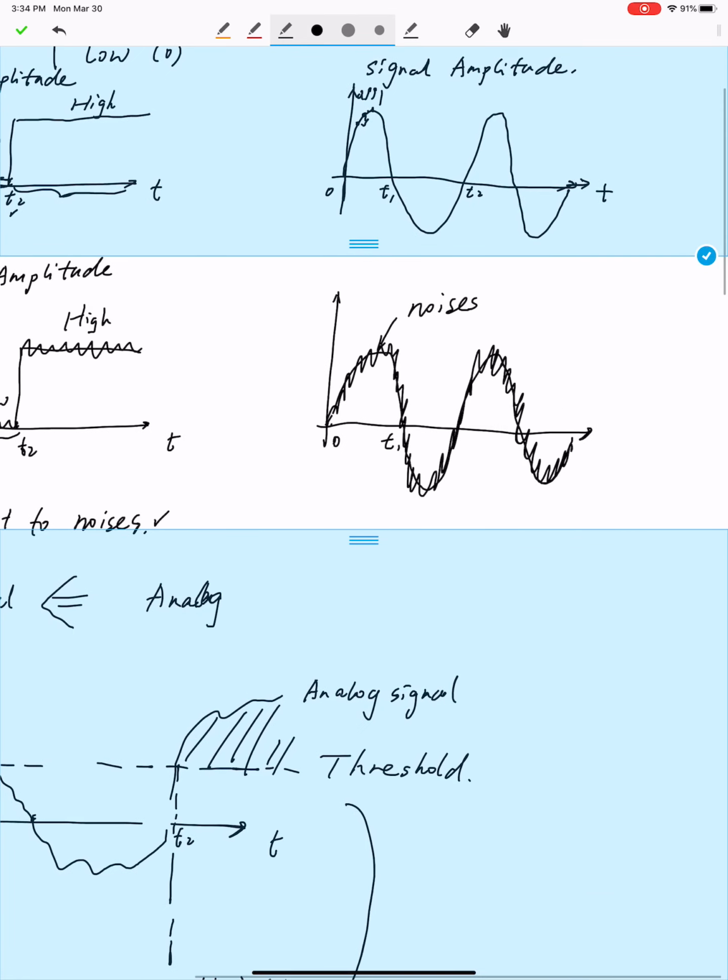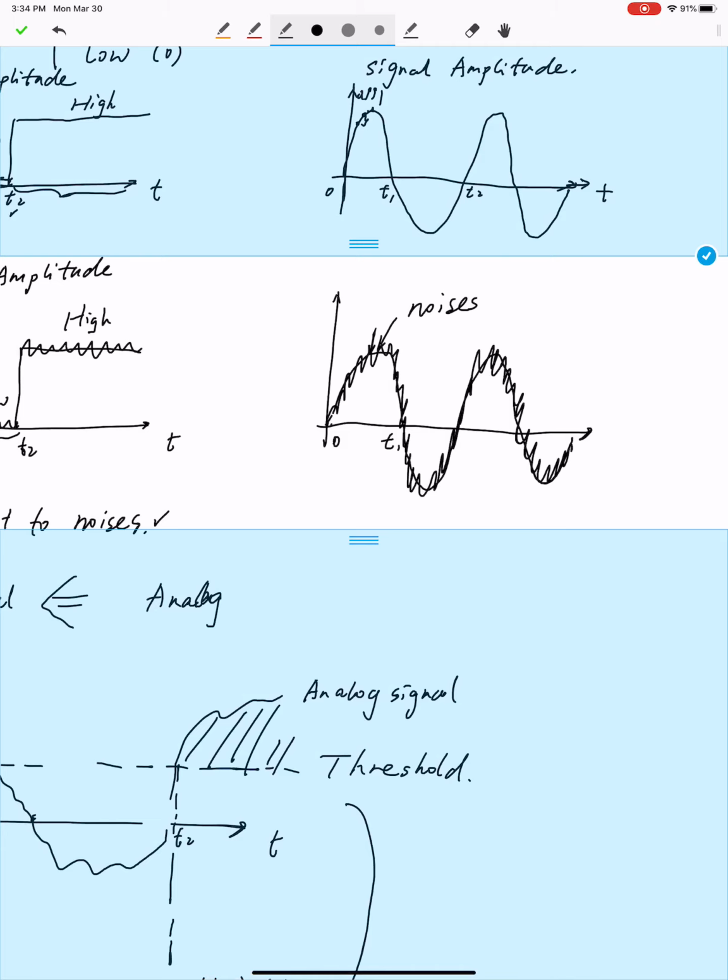But if an analog signal is corrupted with noises, then there's no way you can recover the original signal from the noises, right? Like in this diagram, after I corrupt the original sinusoidal wave, the sine wave, with some noises, the original value of this sine wave is heightened by the noises, right?